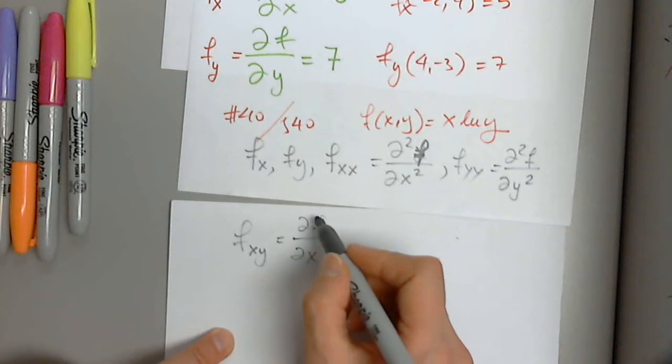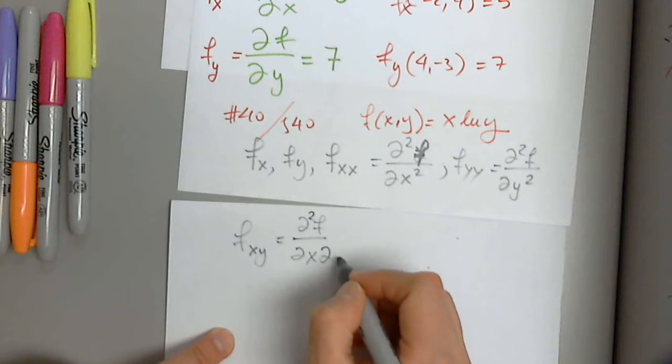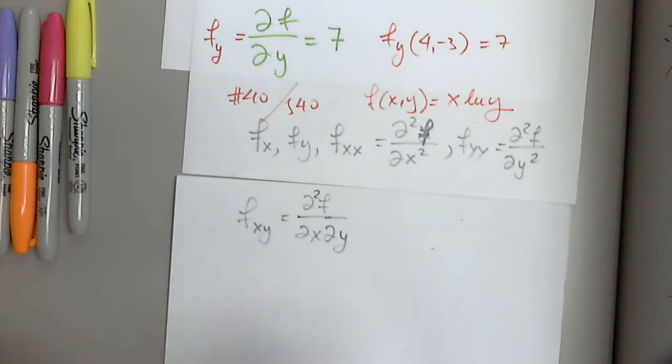But this time it will be d2f dx dy. We don't have to use these notations. They are somewhat confusing, but that's clear. After I differentiate with respect to x, then I want to differentiate with respect to y. What would be the reverse? I differentiate with respect to y, and then I would differentiate with respect to x. So let's look.